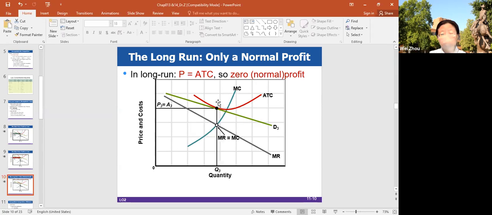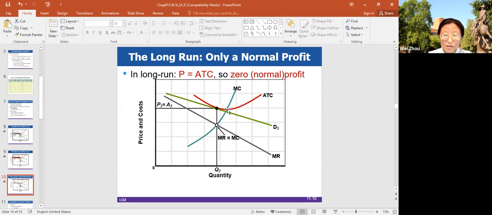Okay, I want you to recognize, just like pure monopoly, this is the price and they are paying way higher than marginal cost. So the bread is $5, marginal cost, the additional cost for this bread, is $3. You pay more than the cost. So it's not allocative efficiency. Is that productive efficiency? Productive efficiency says you produce at the minimum average total cost.